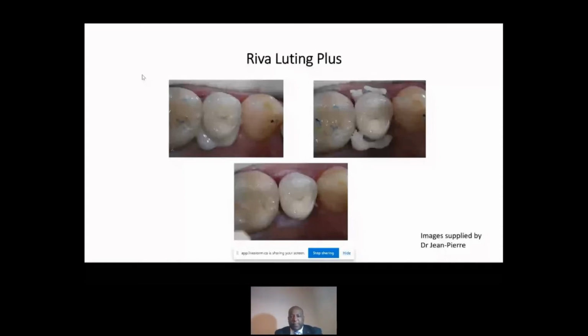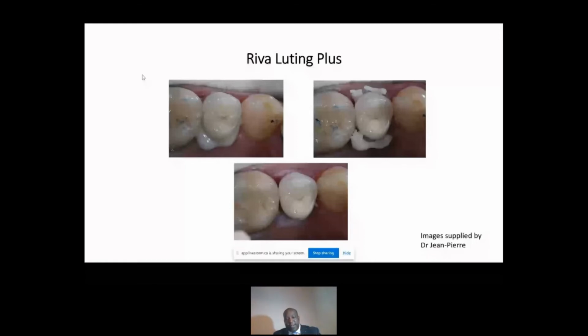Can you see these images are supplied by Jean Pierre, that this surgeon has waited for the glass ionomer to get hard, to get to the gel formation before removing it. So it's very important to set it under pressure and then give it time.